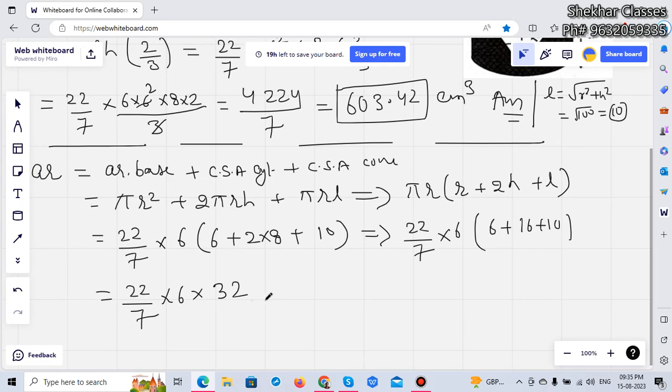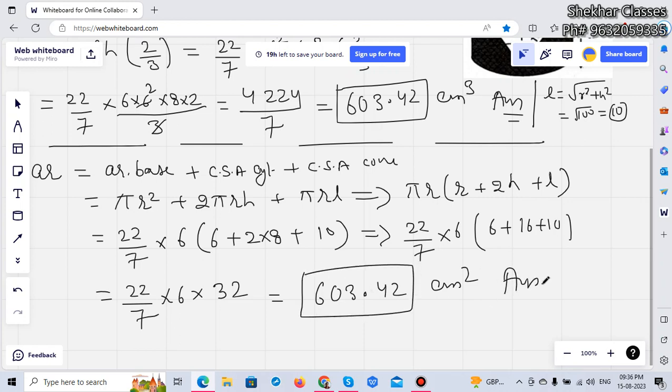Multiplying all of these, it is 22 into 6 into 32, divided by 7. It will give you the same value, that is 603.42 centimeter square, and this is the area of the surface we can see, and this is another answer.